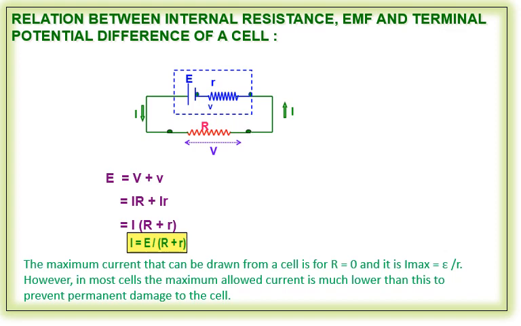So E will be equal to V plus small v, and by Ohm's law, capital V will be equal to I into capital R and small v will be equal to I into small r. So from here you can see that the value of I will be equal to E divided by capital R plus small r.